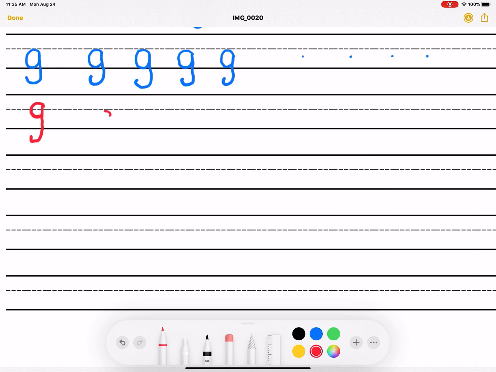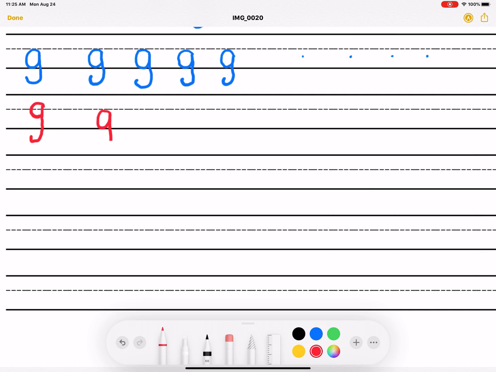Okay, here's another common mistake. Making the G with the hook that goes too far. Okay, sometimes it goes all the way that far. That is a hook that's too big. Too big. And what I'm going to do is erase that. And yeah, let me erase that hook and make it a correct size. Okay?